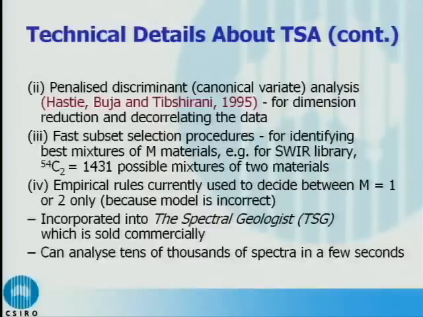So for the shortwave infrared library, if just at mixtures of two, you have to look at 54 choose 2, which is 1,431 possible mixtures of two materials, okay? And so we have fast subset selection procedures for doing this. Because the model is wrong, you can't use F-tests or information theoretic things like Akaike's information criterion or minimum description length.